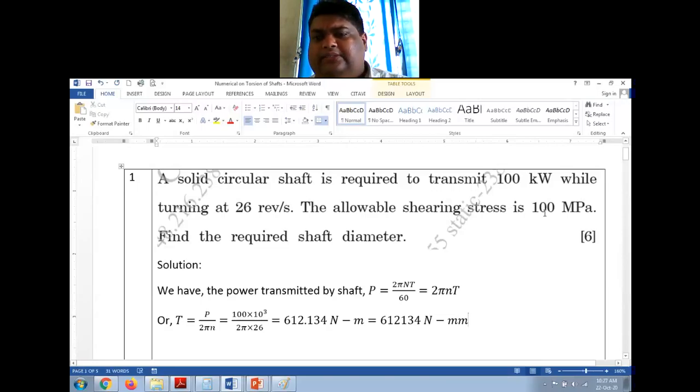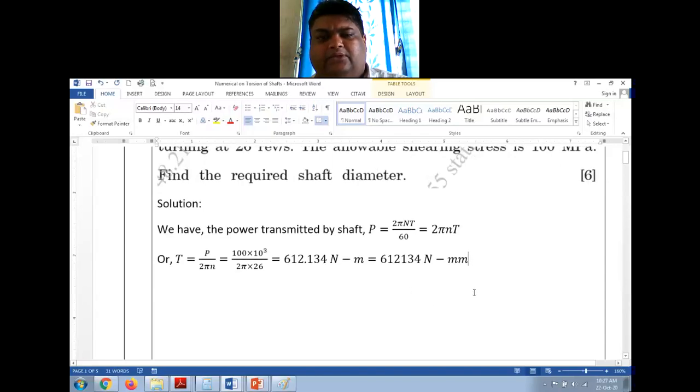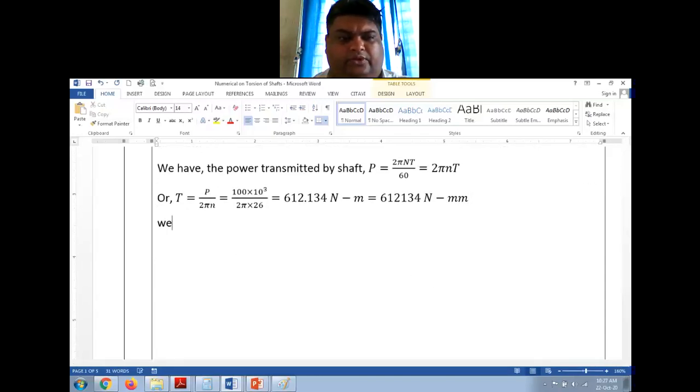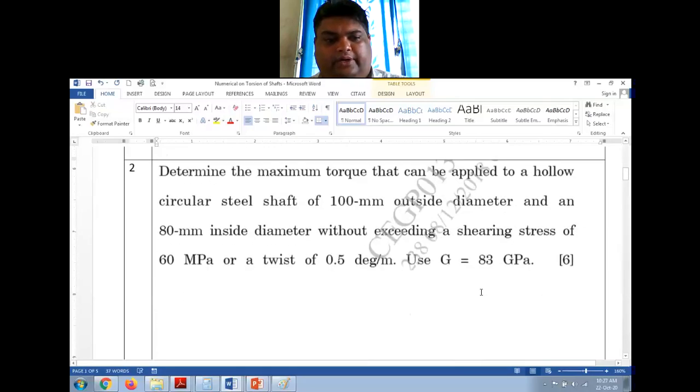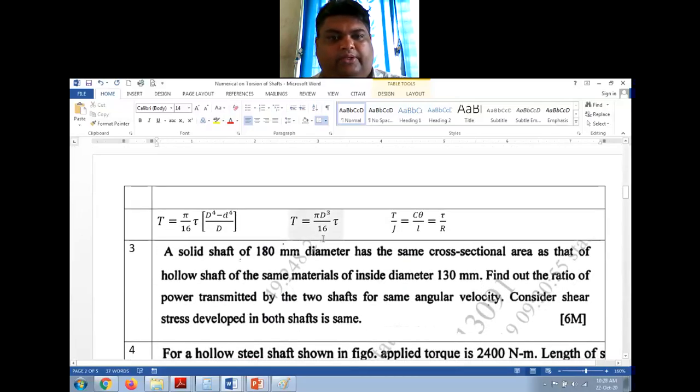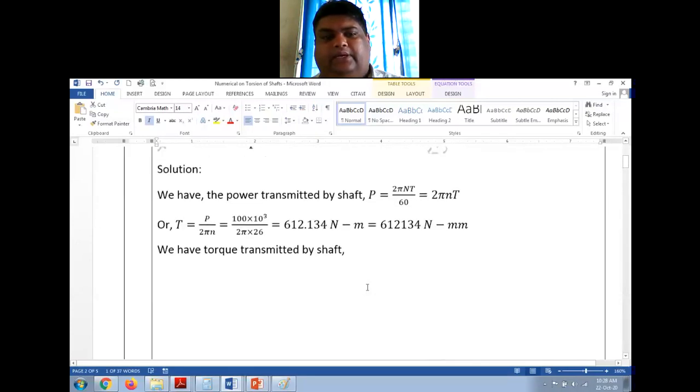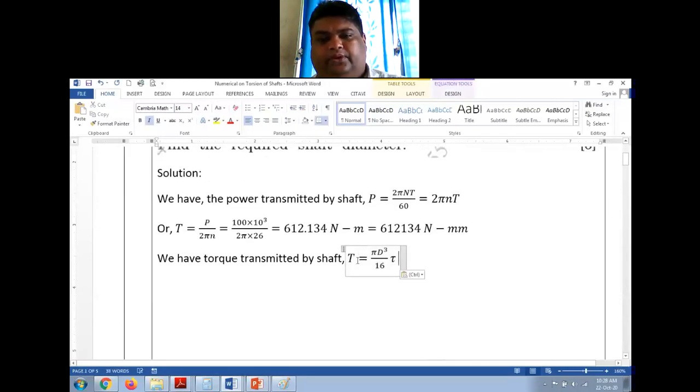Now tau is given as 100 megapascal. So we have the torque transmitted by shaft. I had the equation here, let me just copy that. So this is a solid shaft, so it is T is equal to pi d cube by 16 into tau, right?